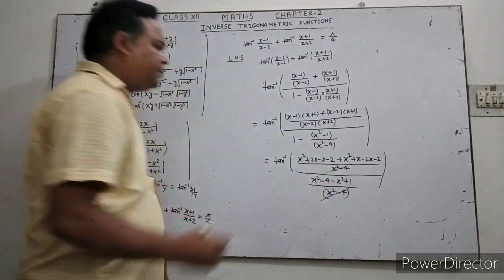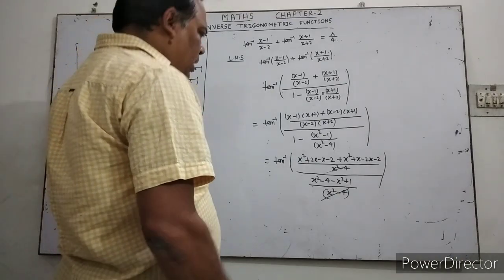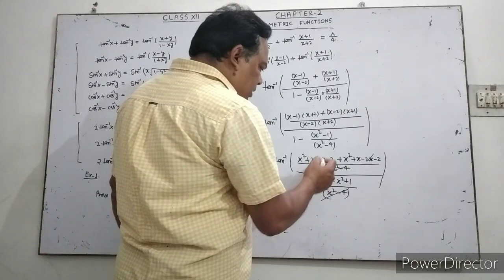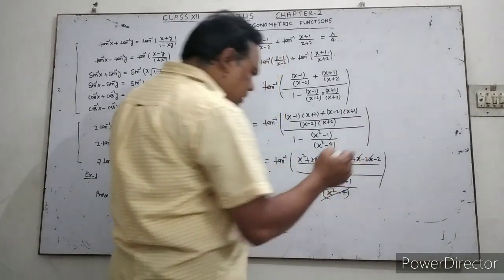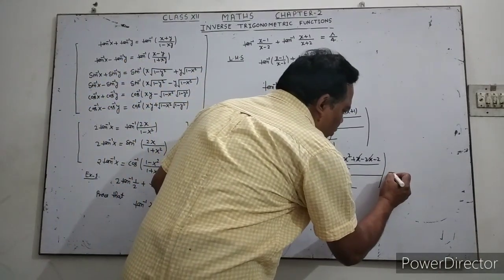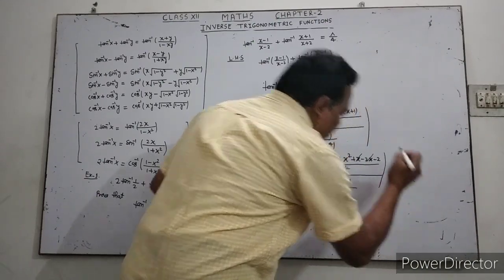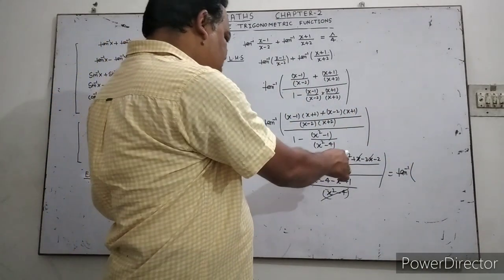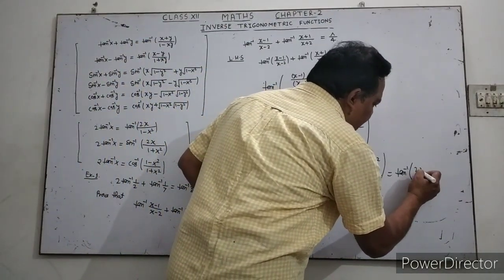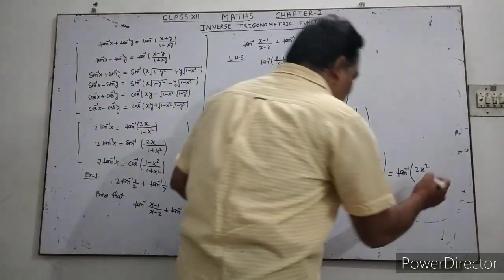This is cancelled. Then in the numerator, x square, plus 2x, minus 2x, plus x, minus x. Now this is equal to tan inverse of x square plus x square, 2x square, minus 2 minus 2.